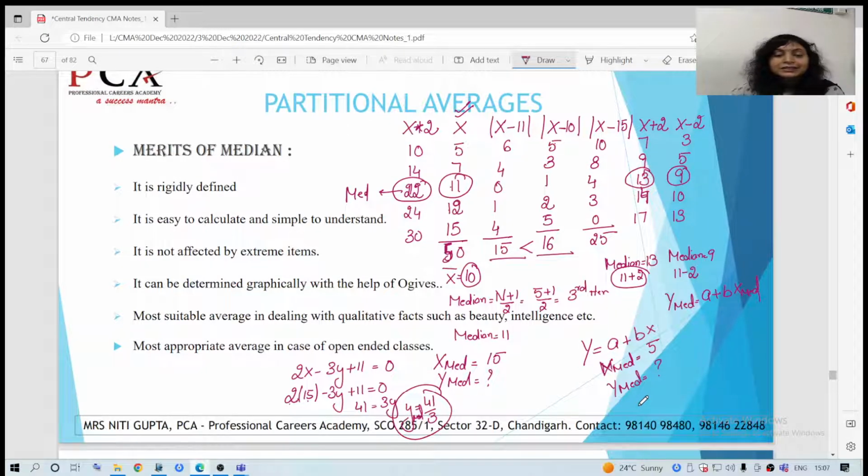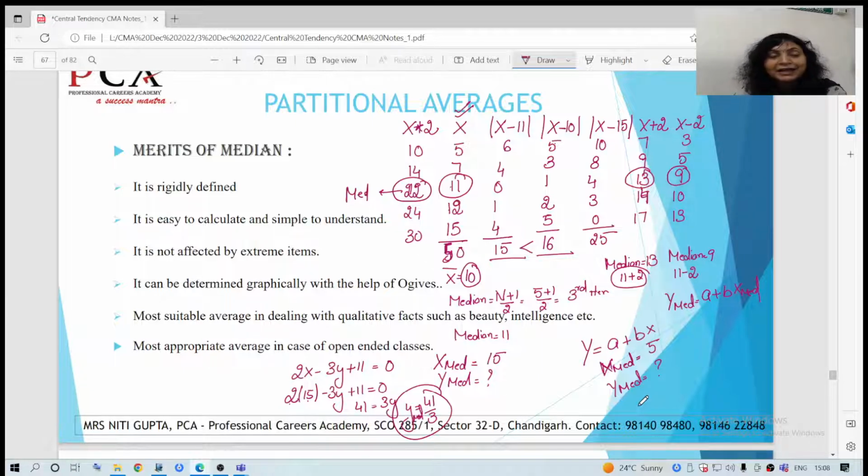Now the last concept of partitional averages, that is merits and demerits of median. First, we have to recall the properties of a good average. The first property is rigidly defined. Rigidly defined means unique value.